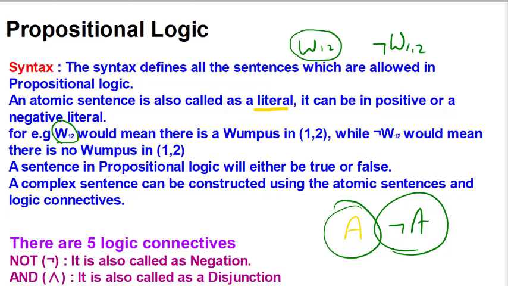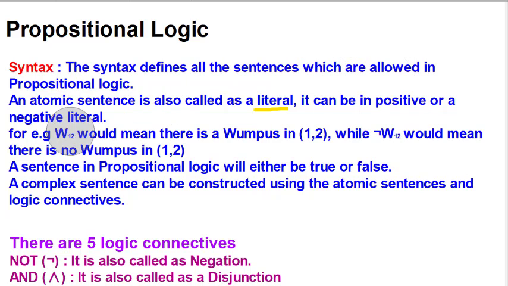Now second thing, a propositional sentence can be either true or false, and nothing else. So a sentence which can be either true or false is a propositional logic sentence. And if it is not, then it is not a propositional sentence.